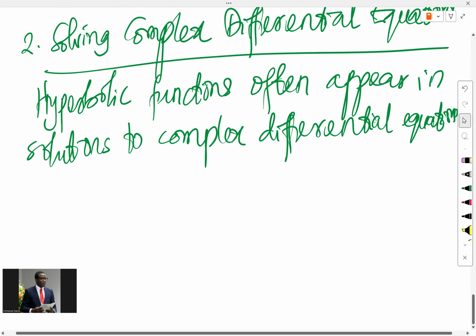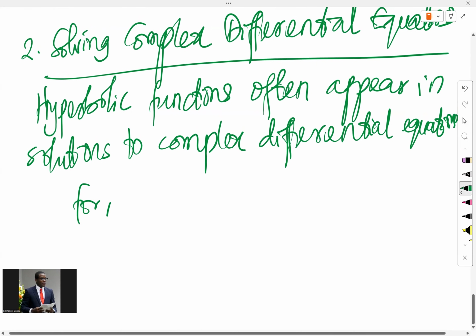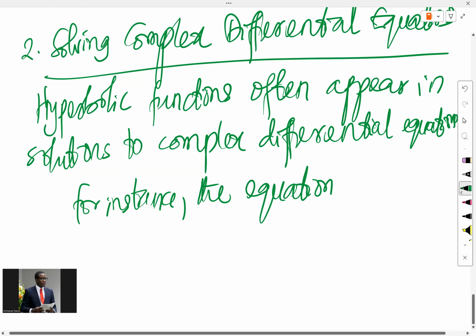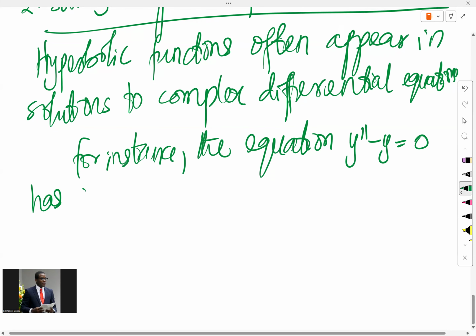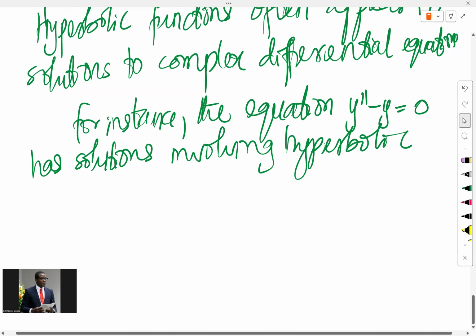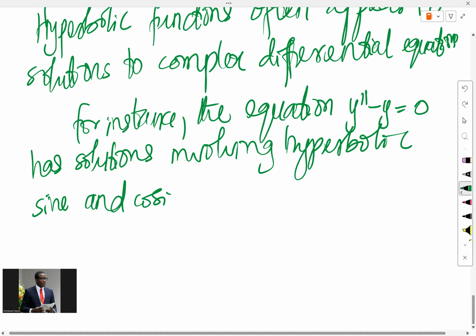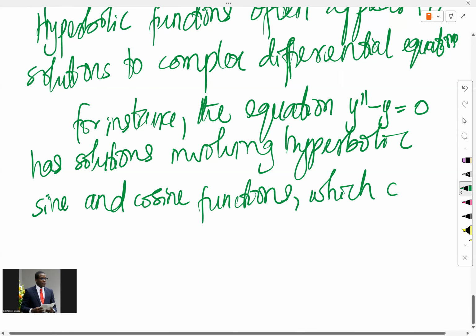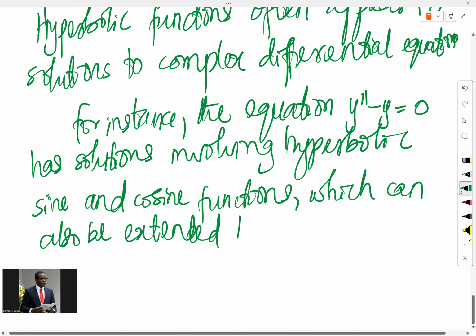For instance, the equation we've seen a couple of times before, probably in a previous video: y double prime minus y equals 0 has solutions involving hyperbolic sine and cosine functions, which can also be extended to complex variables.